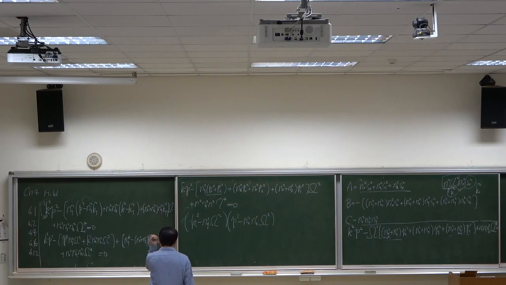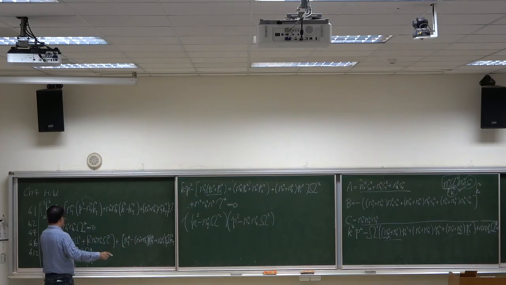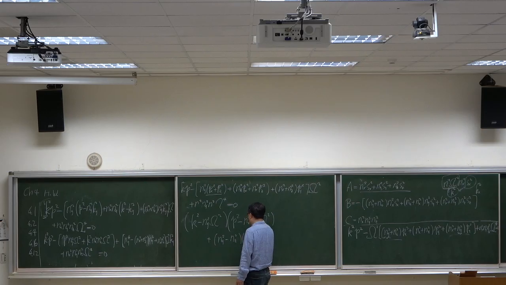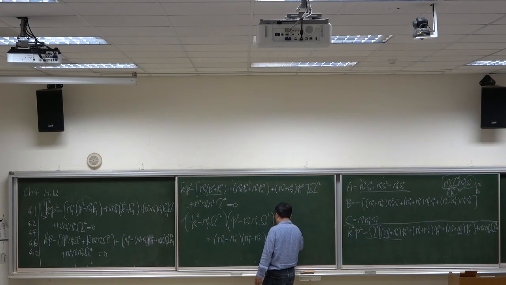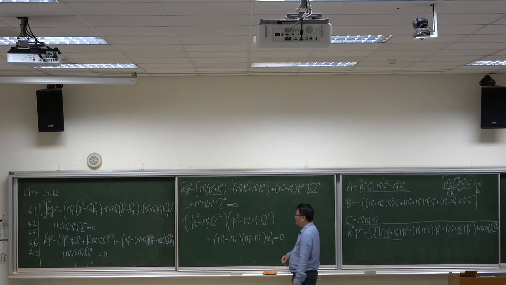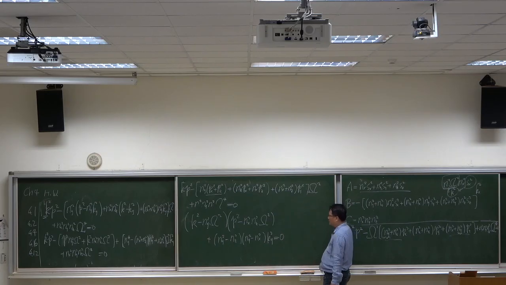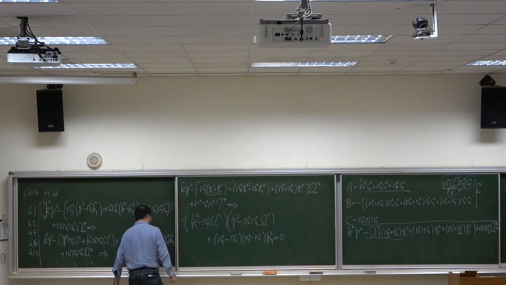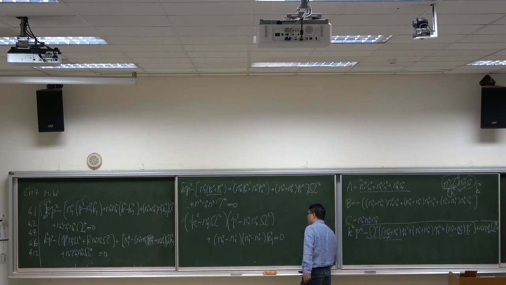And now, write this, okay, and plus this: ny squared minus nz squared times ny squared minus nx squared ky squared equal to 0. Okay, so you see, after the transformation it becomes like this. This form is suitable for discussing the conical refraction.